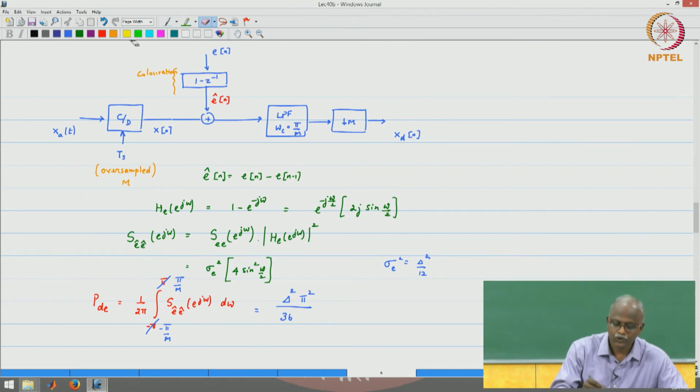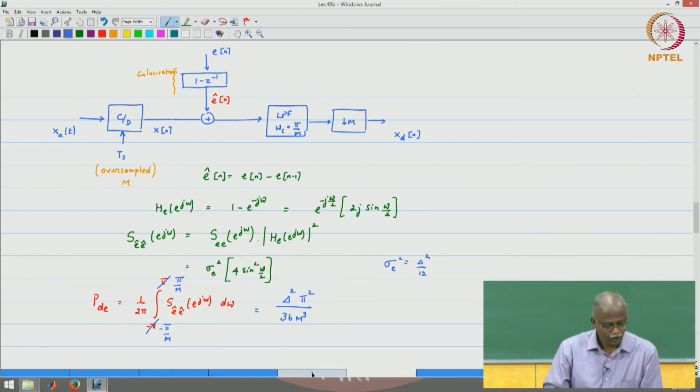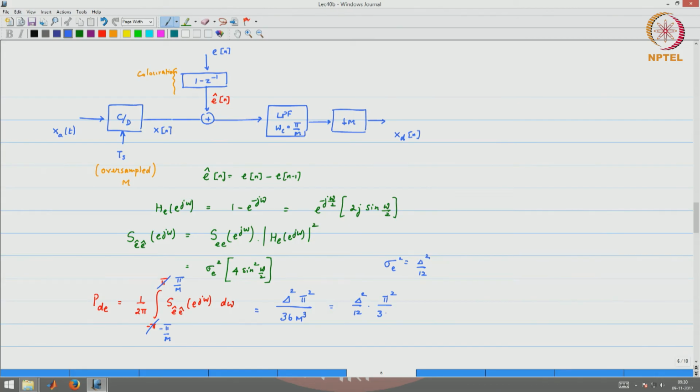Please do verify this result, just a very simple integral, m cubed. So, maybe it is helpful for us to write it as delta squared by 12 into pi squared divided by 3 m cubed.